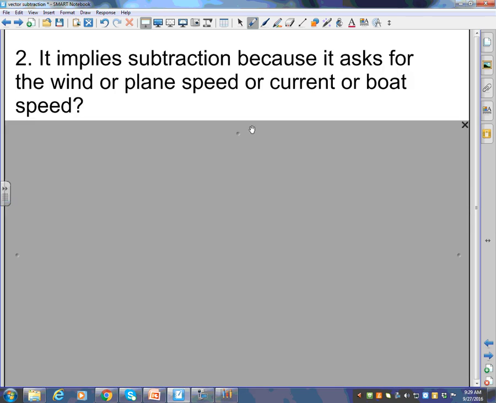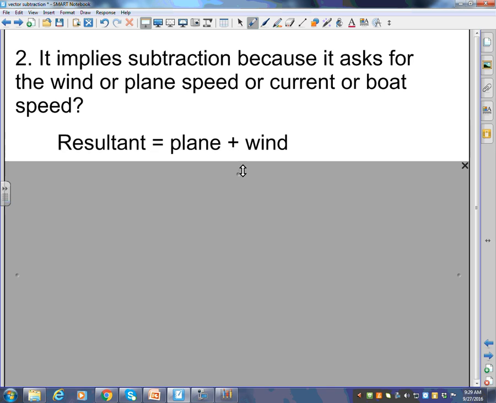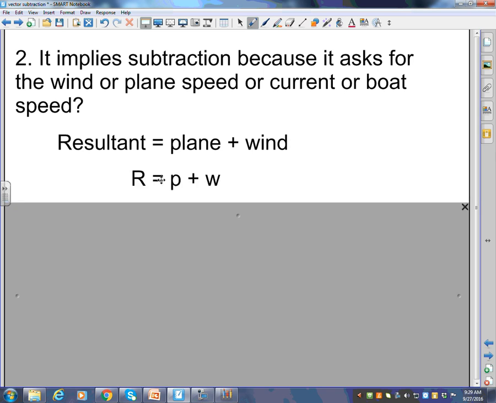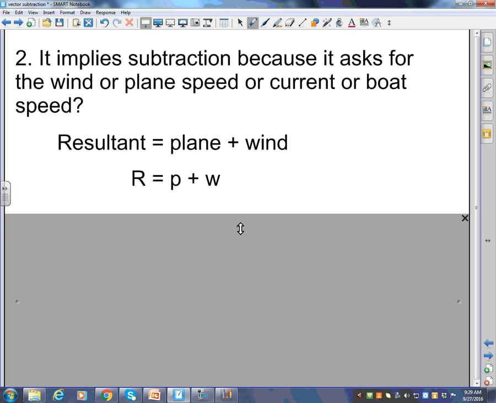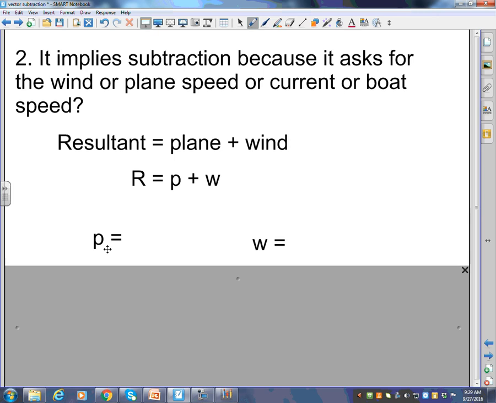Yeah. It implies subtraction because it asks for the wind or plane speed or the current or boat speed. So when you're talking about a plane, the plane is in the wind, so the resultant is equal to the plane plus the wind, the overall result. Well, what if you write it like this: resultant is plane plus wind, but now I'm solving for the plane speed.